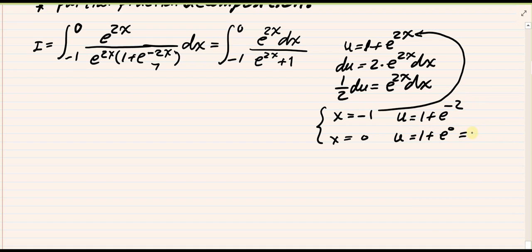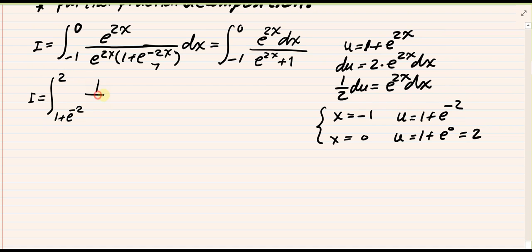Of course, e to 0 is 1, so that's just going to become 2. Therefore the integral is going to be, the limits of integration run from 1 plus e to negative 2 to 2 of 1 over u du, and of course remember we have the 1/2 du, so I'm just going to put that half in there also.